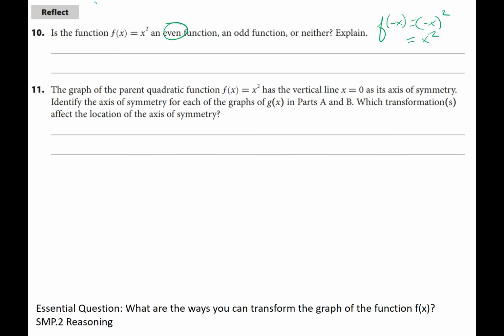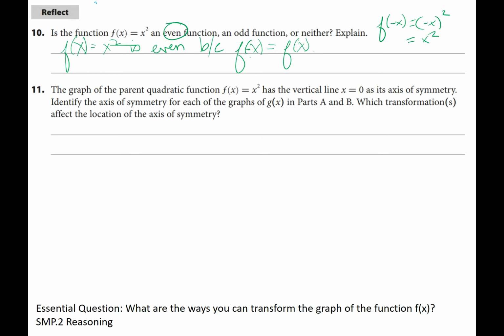So let's see if we can form that into a little bit of a sentence. So we would say that f of x equals x squared is even because f of negative x ends up equaling the original function f of x.